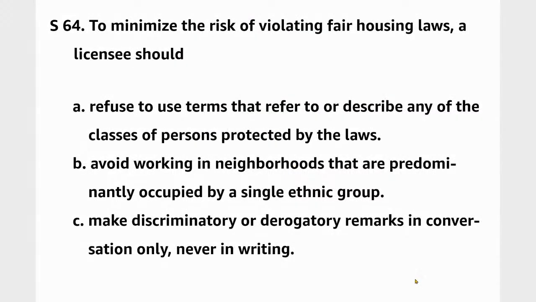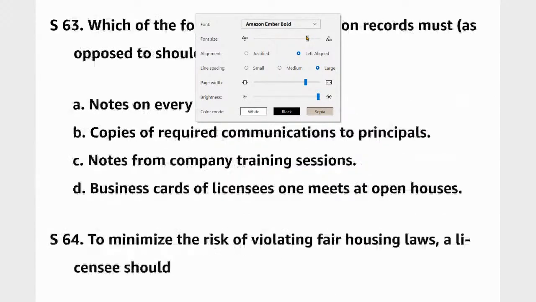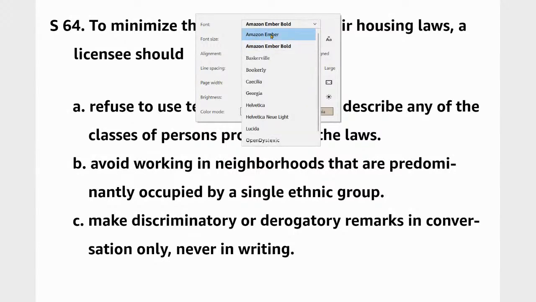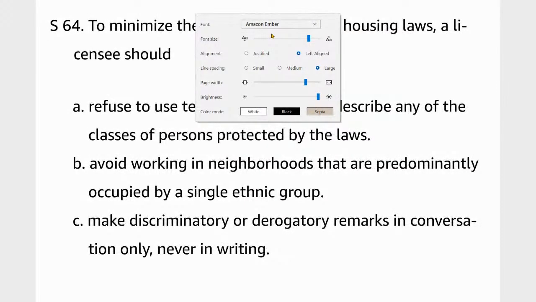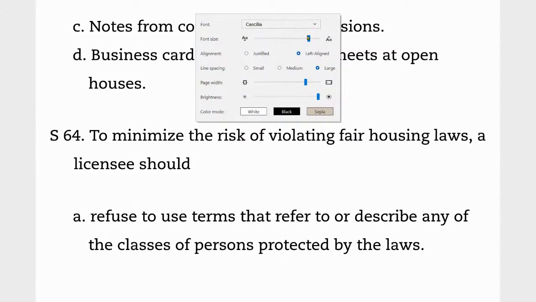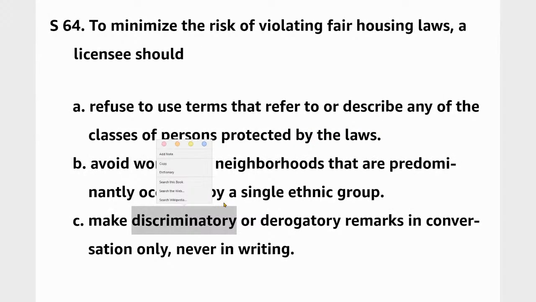Okay, number 64. Darn it, didn't all come out. So I wonder if I change the font to Ember. No, that didn't work. Okay, never mind. Go back to what works.